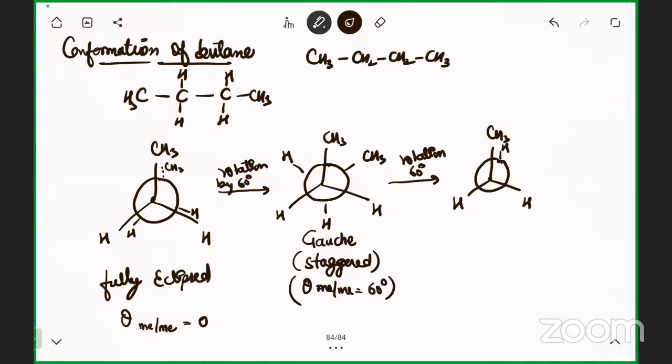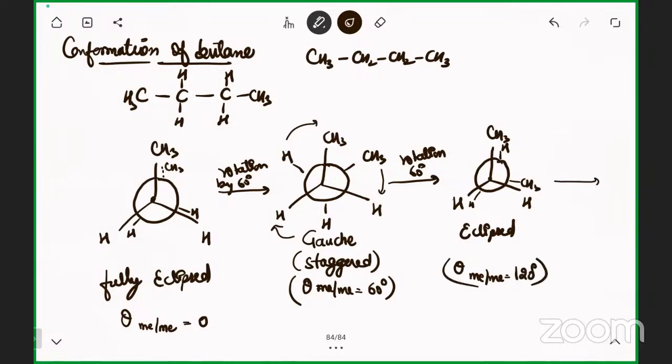Now if I rotate again 60 degree, the hydrogen will come here, this CH3 will come at the back of this, and this hydrogen will come at the back of this. So this will also be considered a staggered form. This is not the fully eclipsed form. It is known as eclipse only. And theta, the angle between methyl and methyl here, is 120 degree.